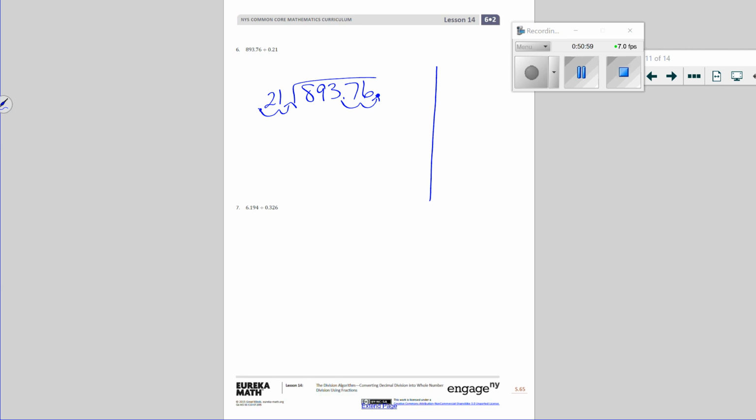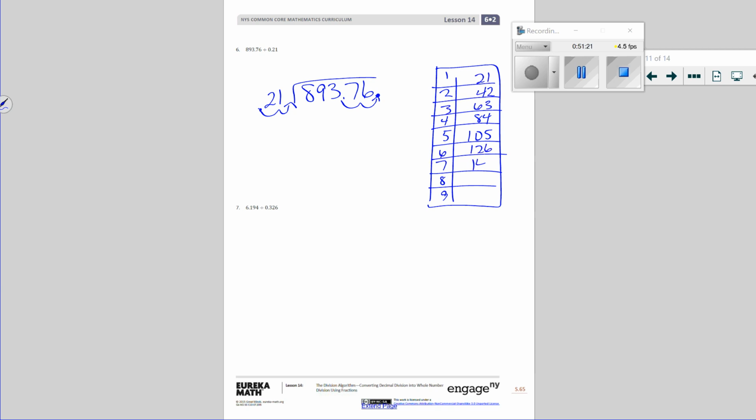So now I just build my chart. 21. Should be easy. 21 is really easy to go. 21, 42, 63, 84, 105, 126, 147, 168, 189.